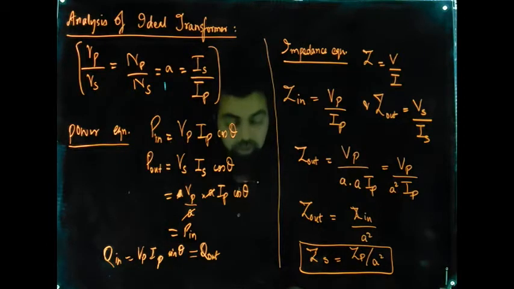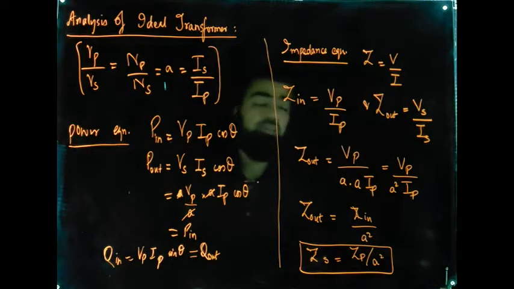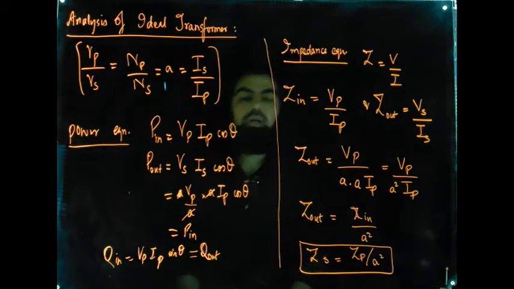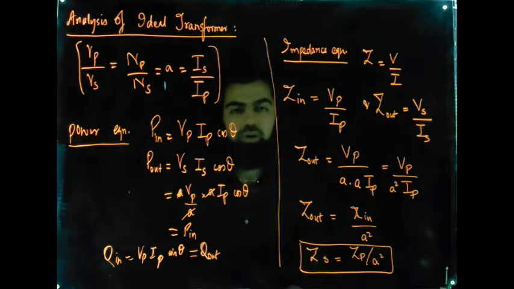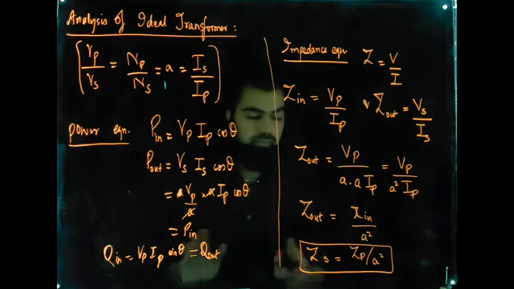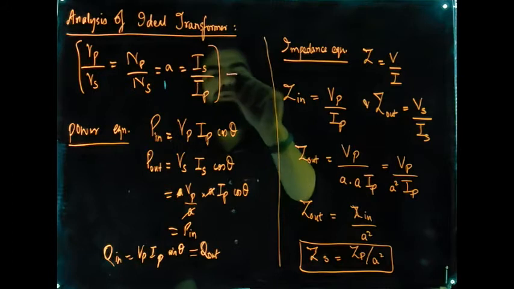So instead of defining the rating in watts or in vars, we define the rating of a transformer in volt amperes, because of the uncertainty of the unknown nature of the load on the transformer. So these are your ideal transformer equations. You have to remember these equations. This is your equation number 1.